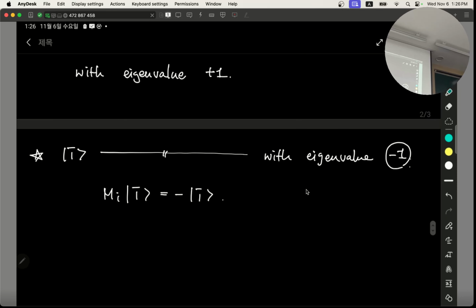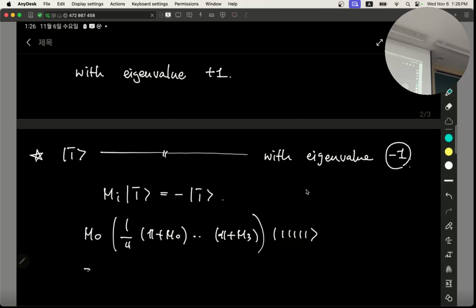So M0, 1 over 4, sorry, 1 plus M0 up to 1 plus M3 and 1, 1, 1, 1, 1 here.